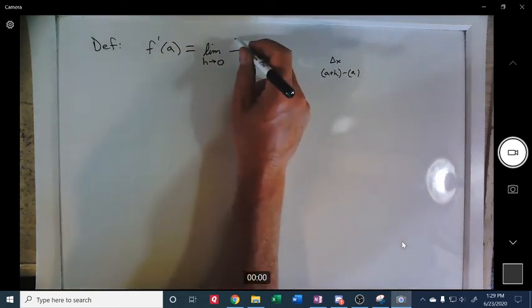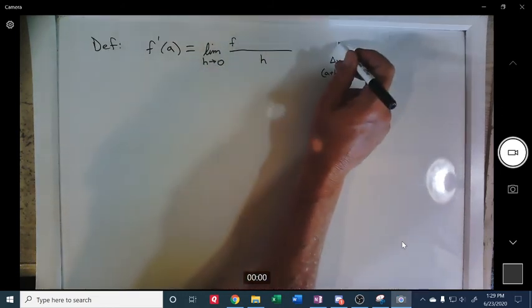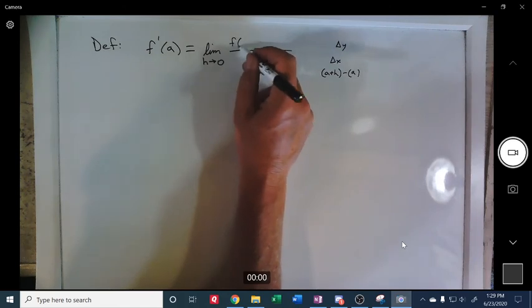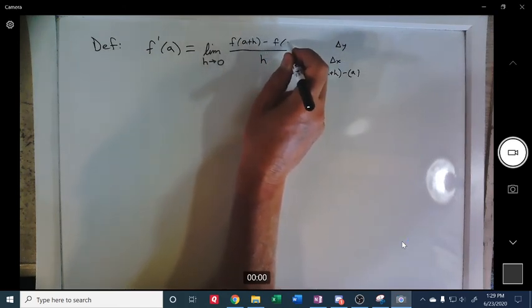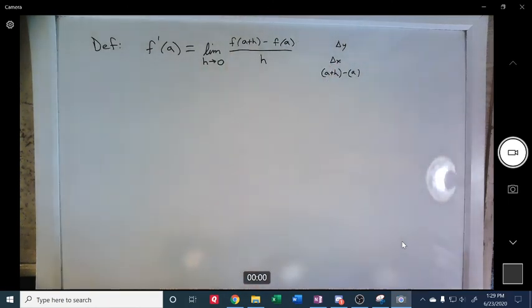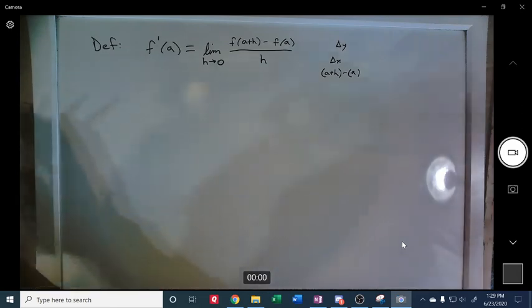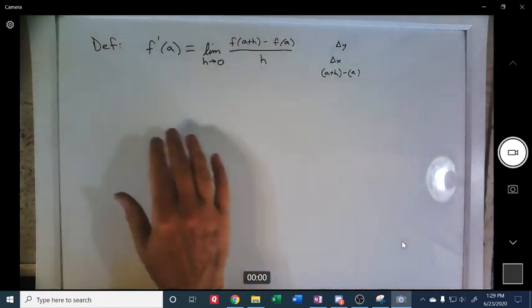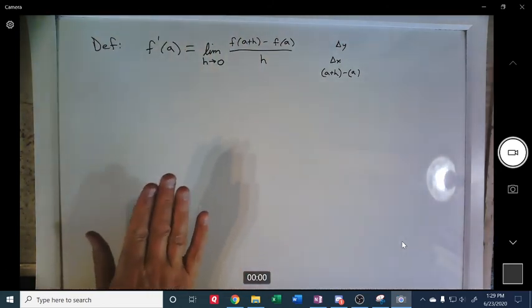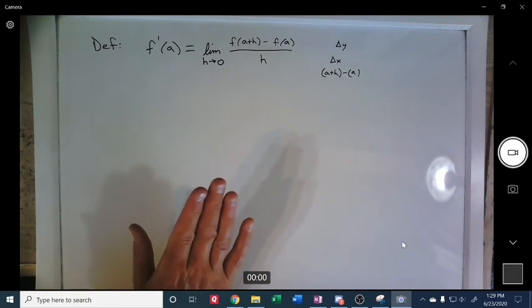The top was the difference in the y's: f of a plus h minus f of a, like this. Okay, so that's important to start putting into memory. This definition of the derivative as this limit, and it's a difference quotient.